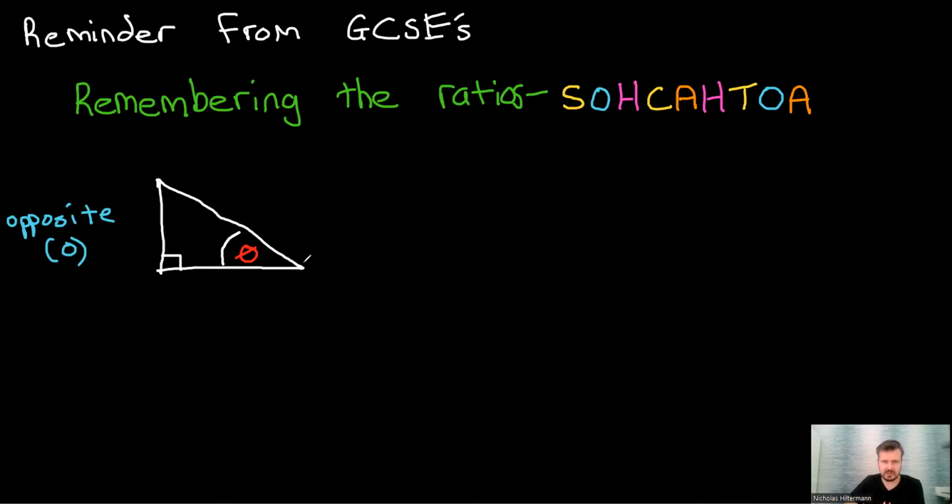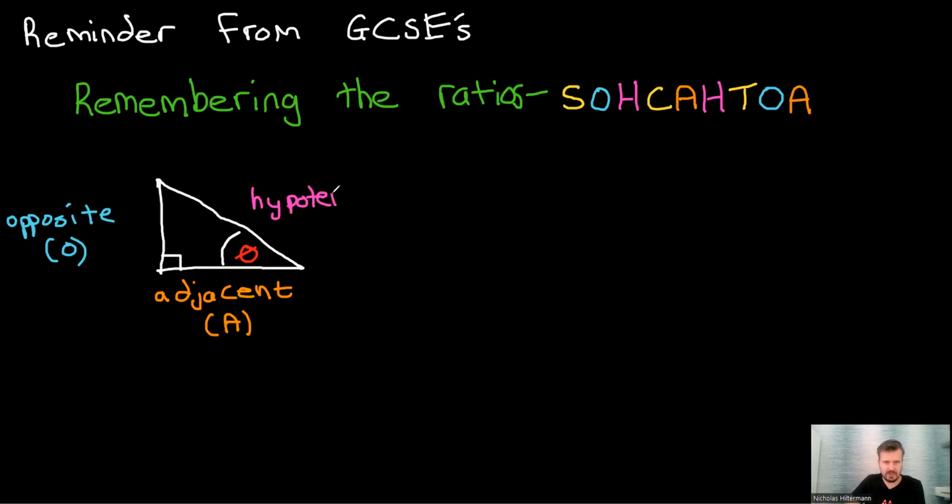Then next to this angle, we call this adjacent to this angle. There's an adjacent, which is actually orange. So this is adjacent. I've done a capital A here, maybe I'll do capitals just because it's easier to distinguish between the O's and the A's. And then we have the hypotenuse, which is the long side.